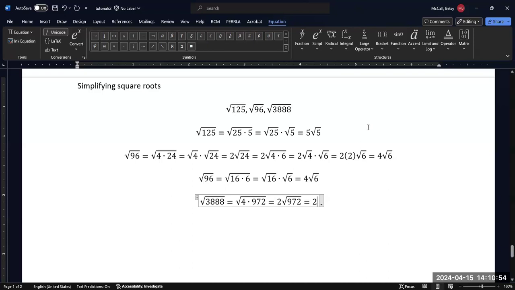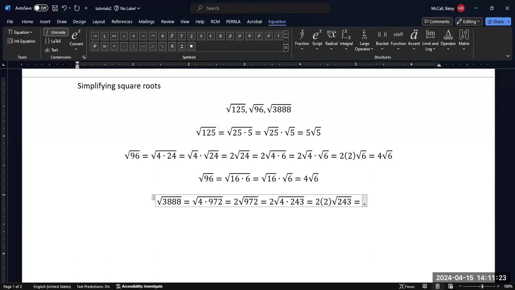So I'm going to try to divide this by 4 again. 972 divided by 4 is 243. Super. So the square root of 4 is another 2, and now I have the square root of 243.